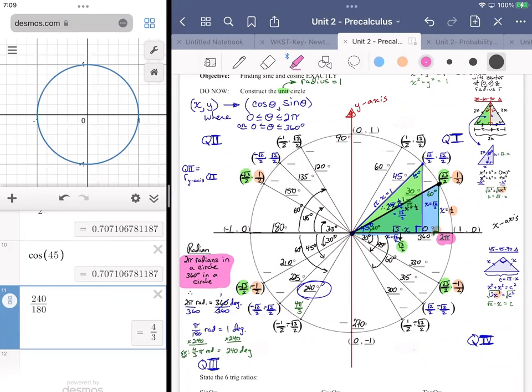If 2 pi and 360 are equivalent, well, 180 is half of 360. So its radian measure should be half of 2 pi. Half of 2 pi is pi. All right. 90 is half of 180. So the radian measure for 90 should be half of that of 180. So half of pi, or pi over 2.